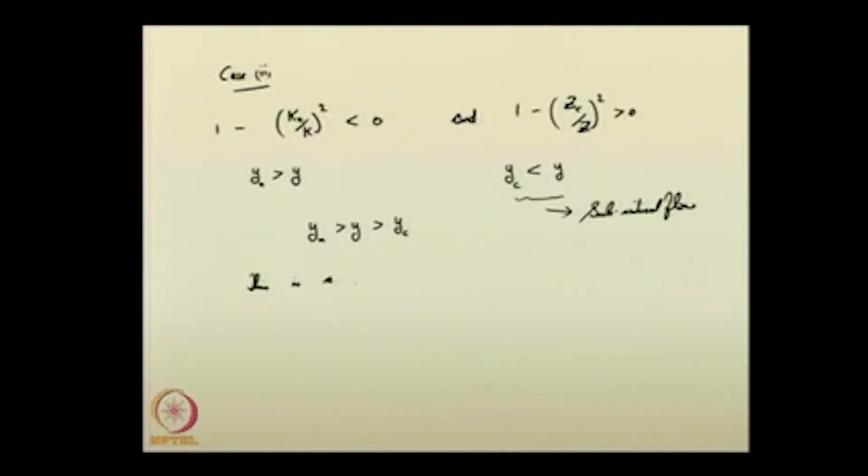So, this is a subcritical flow in a mild sloped channel. Okay. Like this you can describe the flow conditions. This is how you can infer from the relationships given in the dynamic equation.